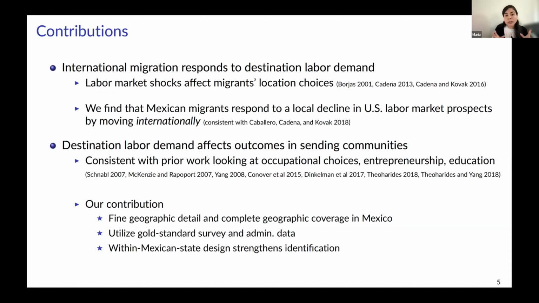And we further contribute to this literature by having finer geographic detail and complete geographic coverage in Mexico by using new data and gold standard survey and administrative data, and by having a within Mexican state design that allows for a stronger identification of these effects.